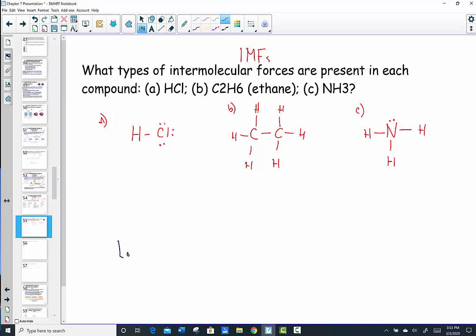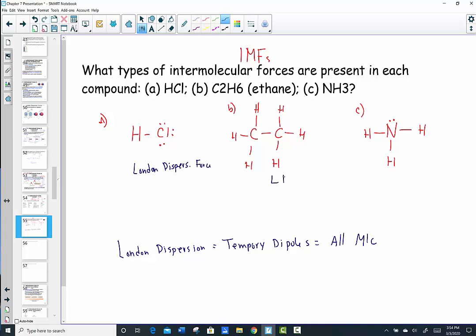The London dispersion force. London dispersion forces are temporary dipoles exhibited by all molecules. So I'm going to put London dispersion forces for all of them because all molecules will always exhibit London dispersion forces.